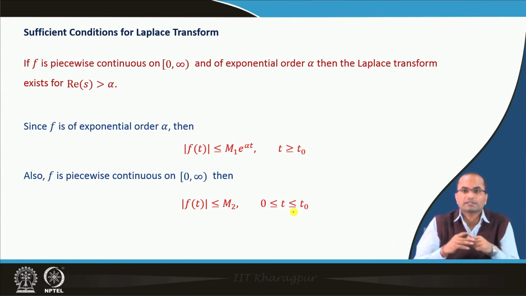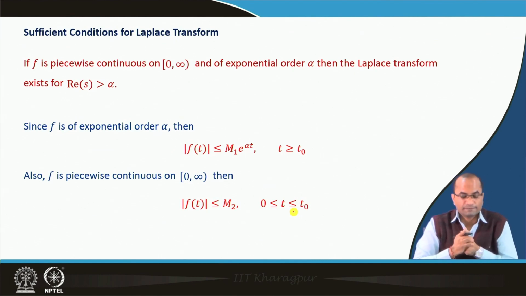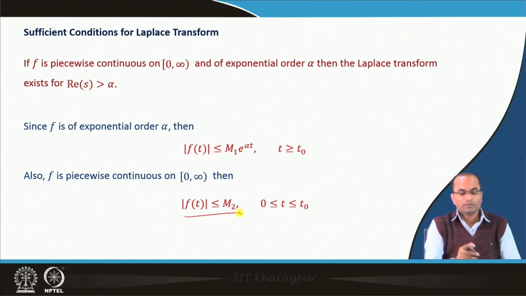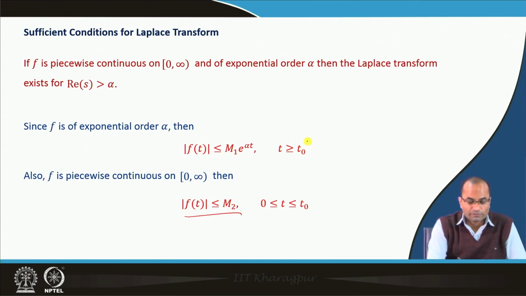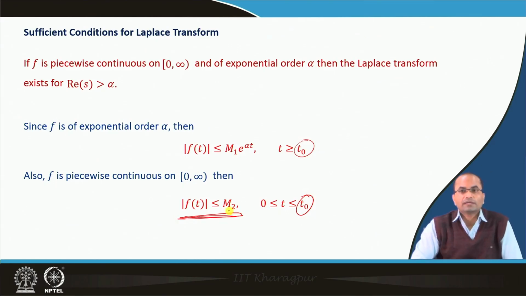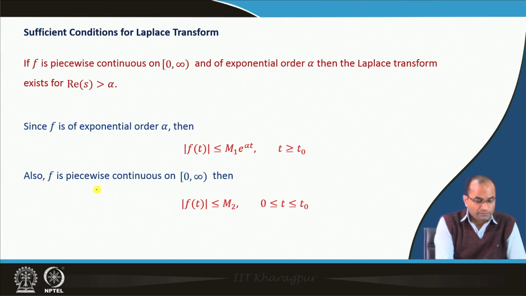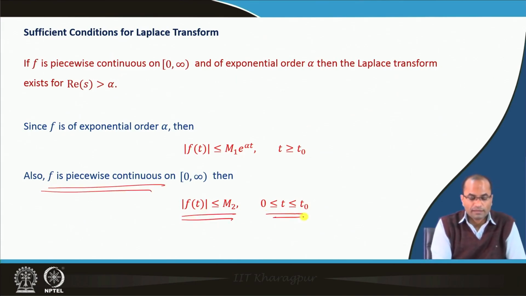All these limits exist at all the points where the function is discontinuous. So, we can actually bound the function, whatever t naught we are talking about there, the function value we can bound by m 2. So, that is coming because of this piecewise continuity.